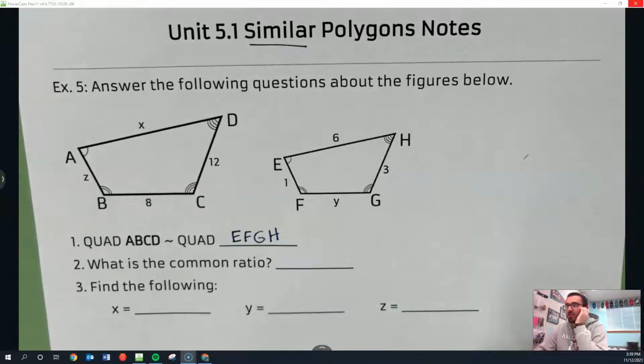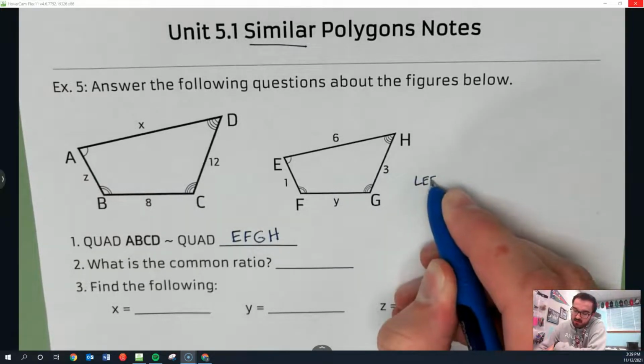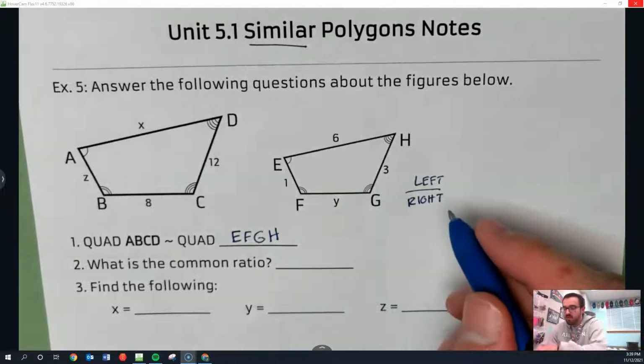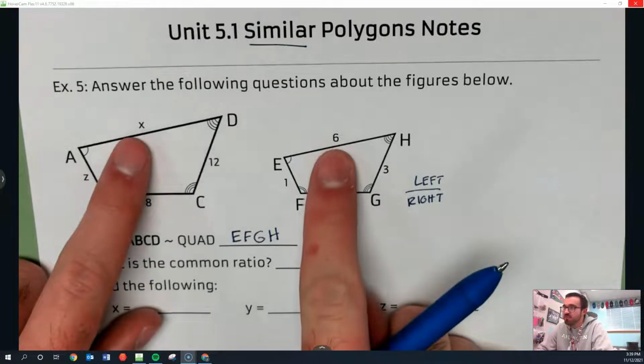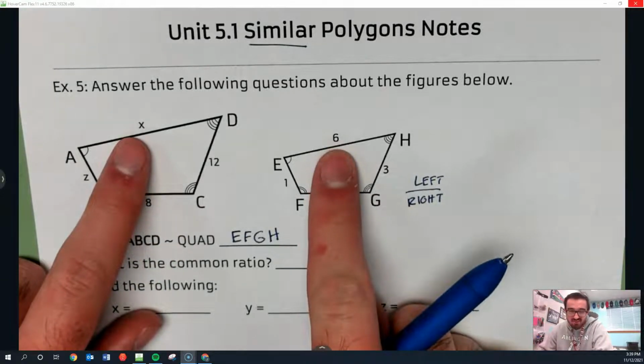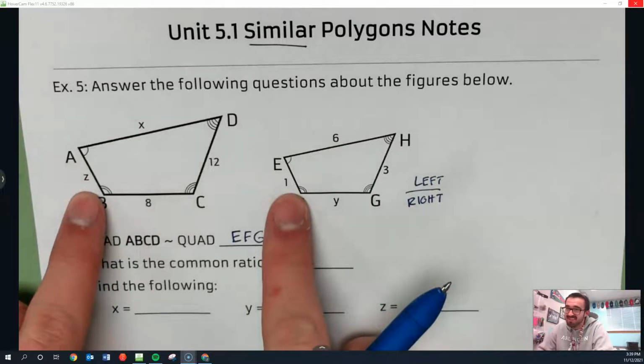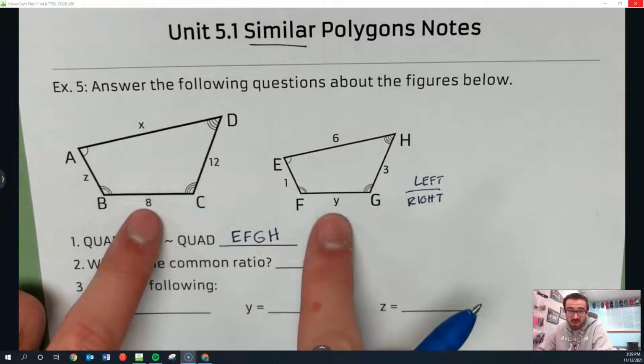Now let's find the common ratio. Again, let's just pick an order. So let's do left over right. We don't have to do them all, but let's do a couple. So x over 6, would that be useful? No, because this is a letter. That wouldn't be helpful. Z over 1? No. 8 over y?